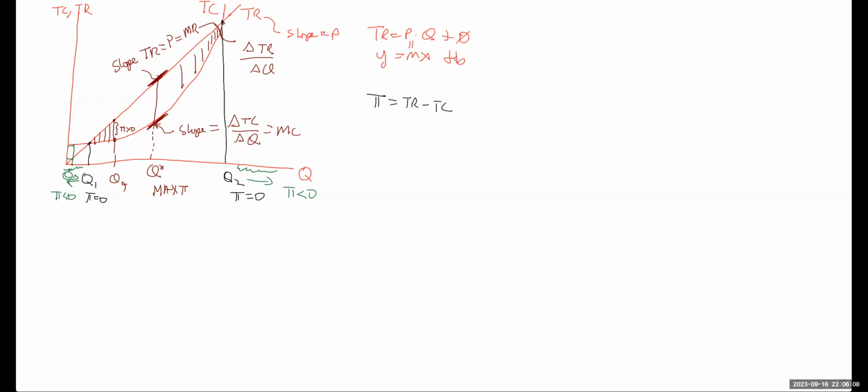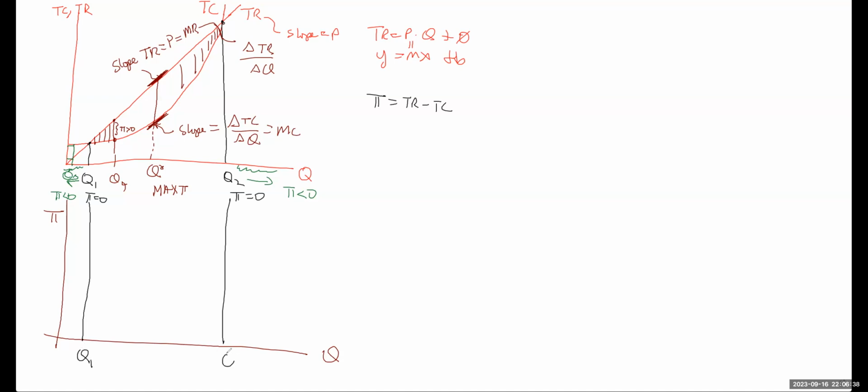Okay? I'm going to go down and draw another curve right down here below that one. But Q, and I'm going to draw profit from now on in this two-dimensional world. So let me do this. And we have 2 points right here, Q1 and Q2. At Q1 and Q2, profit is 0. So it hits right here at the x-intercept.